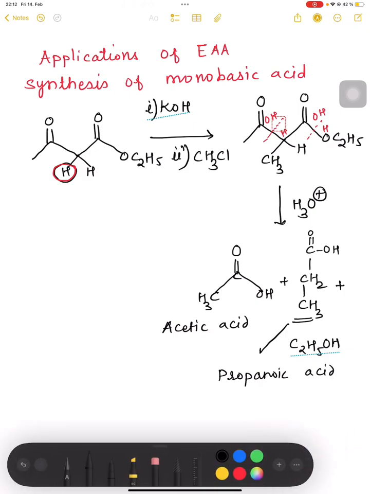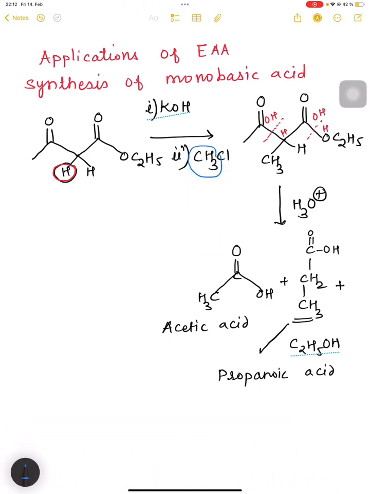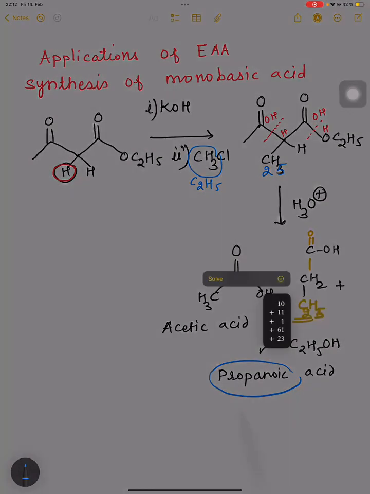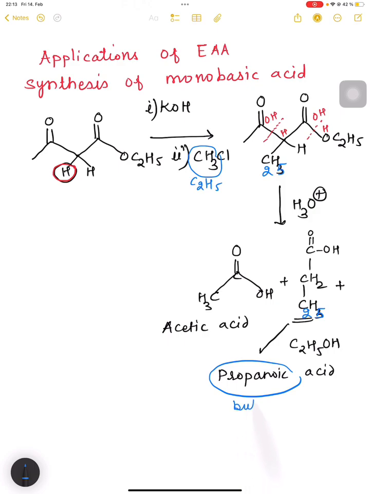If in this reaction we take C2H5 instead of CH3, then this CH3 will be replaced by C2H5, so here you will also get C2H5. So instead of propanoic acid, you will get butanoic acid. So a variety of acids can be prepared from ethyl acetoacetate. Once again we will revise.